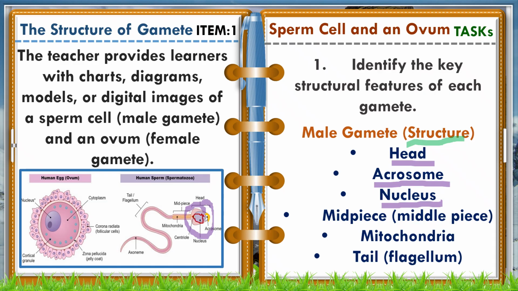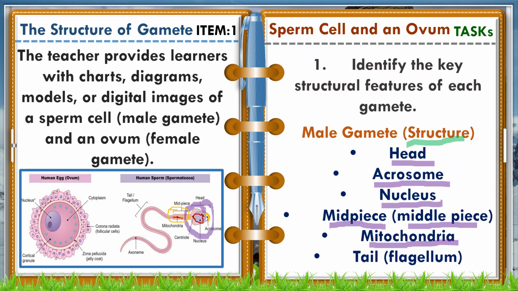It has the mid piece, or what we call the middle piece. The middle piece is this part here that contains the mitochondria. Mitochondria, we find them in the middle piece.